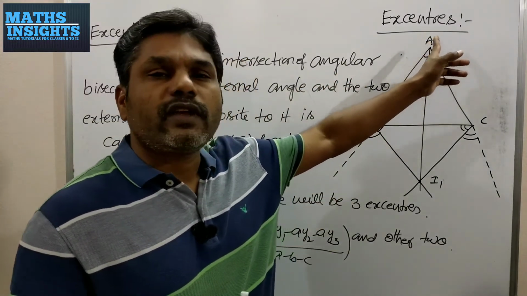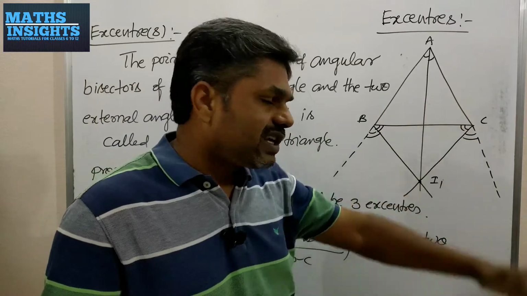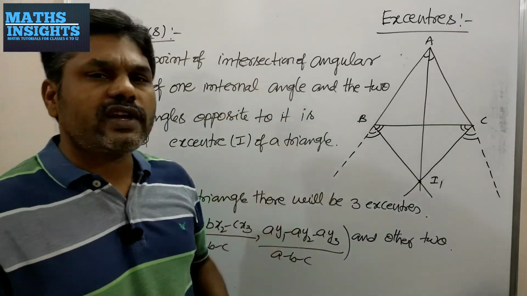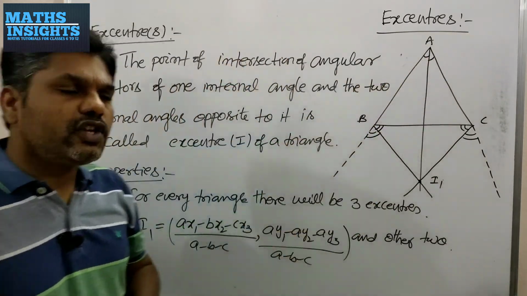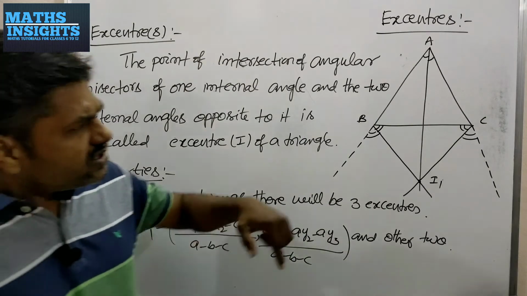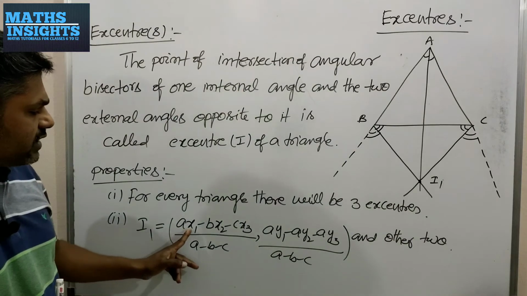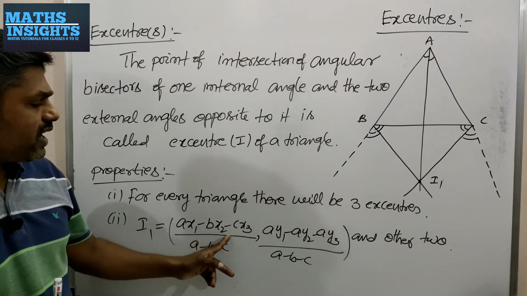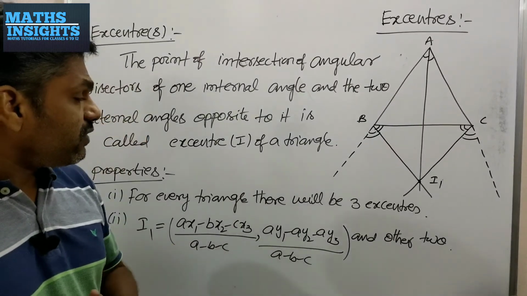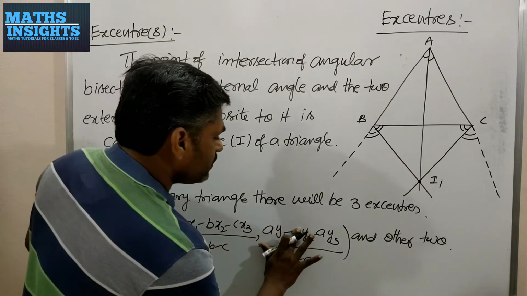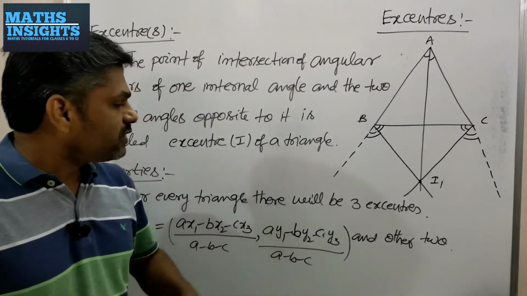If you assume the coordinates of A (x1, y1), B (x2, y2), C (x3, y3), and the lengths of the three sides are small a, small b and small c, then you may calculate the excenter which is opposite to the internal angle A. I1 is equal to (a x1 minus b x2 minus c x3) by (a minus b minus c), comma (a y1 minus b y2 minus c y3) by (a minus b minus c).